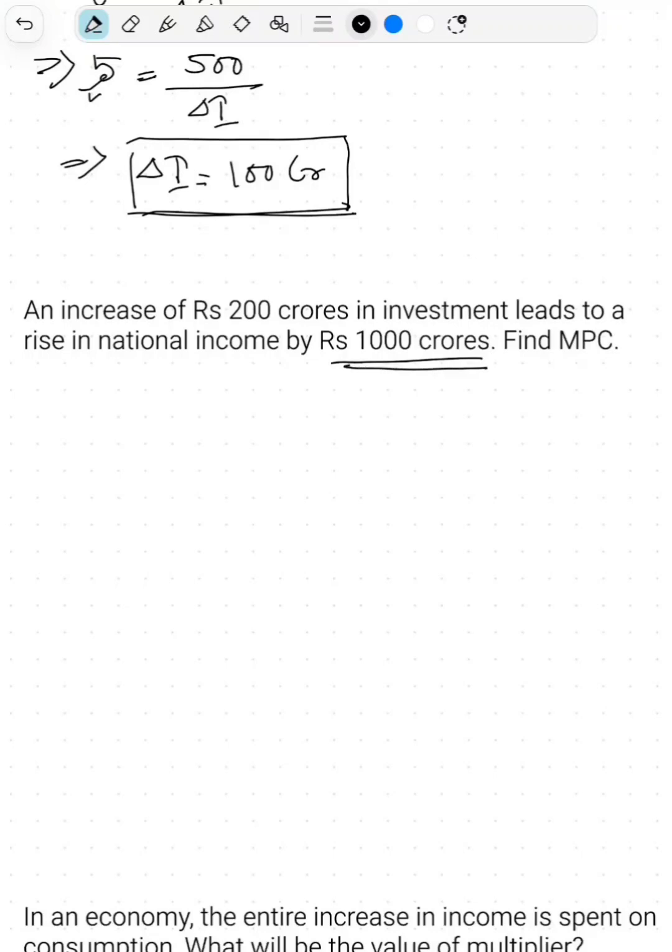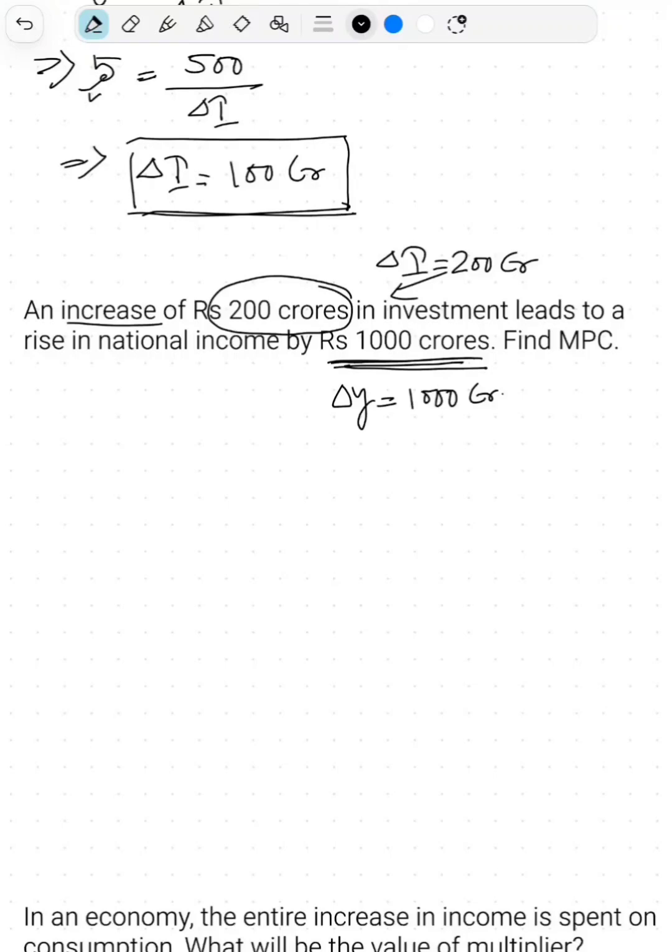You have to find MPC. If you look at the question, this increase of 200 crores is your change in I. Change in I is 200 crore. And national income increased by 1000 crore. This is your change in Y, 1000 crore.